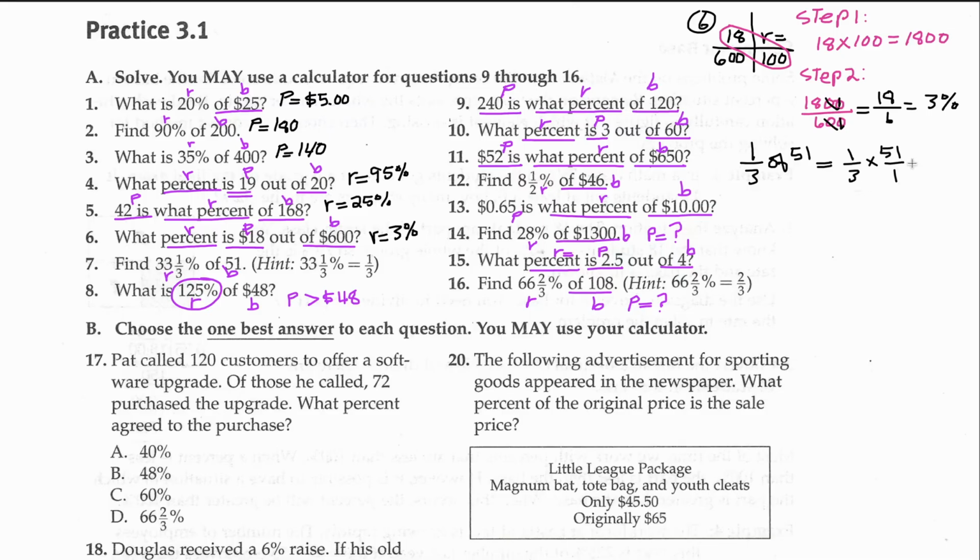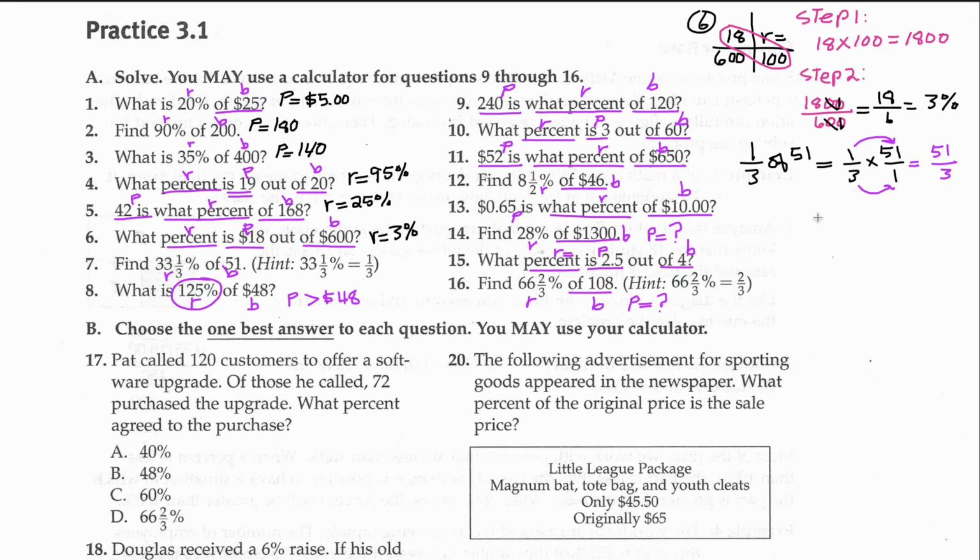So in this case, all we have to do is multiply across or do cross canceling. You can do either way. For me, I'm just going to go across for now. 1 times 51, you get 51, over 3 times 1, you get 3.